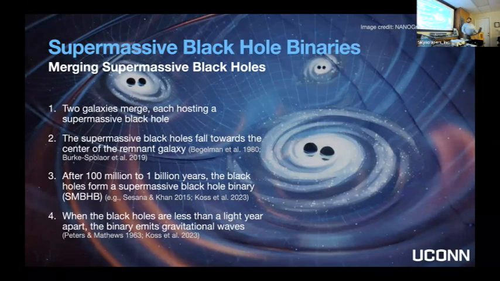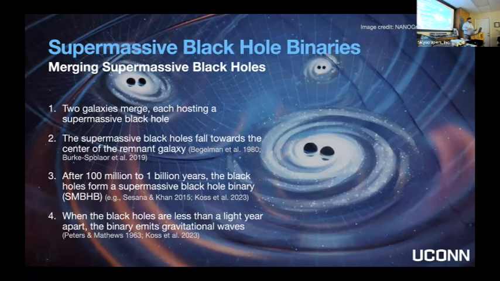The way we form a supermassive black hole binary is through galaxy mergers. When we look out into the night sky, we know that galaxies merge because we can see them merging. We have plenty of pictures of two galaxies that are very close to each other, interacting gravitationally, and headed towards each other, falling in together.